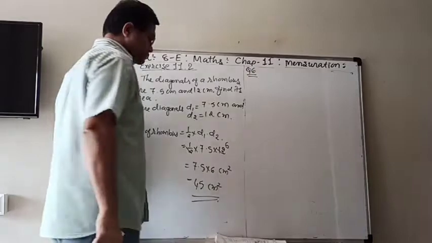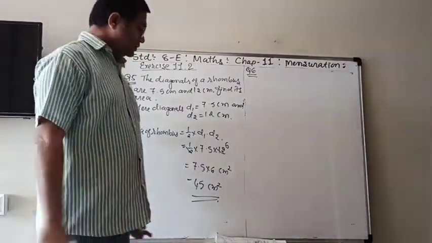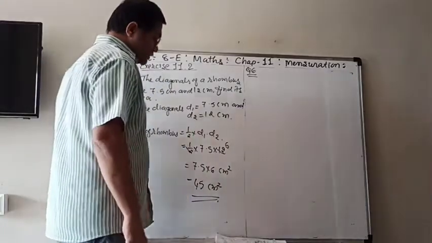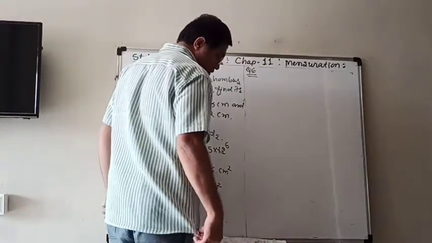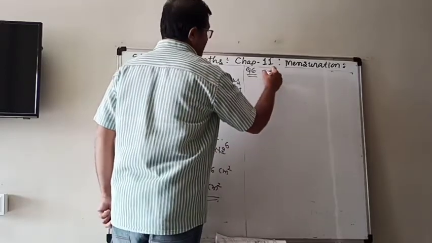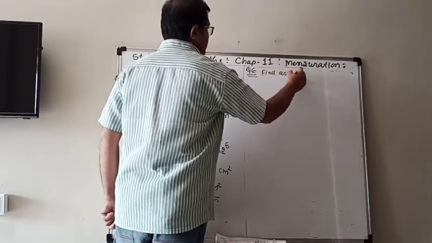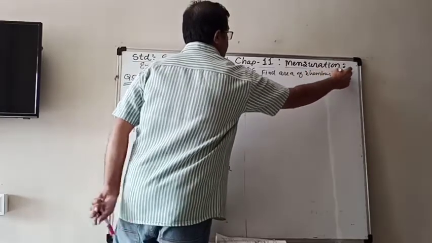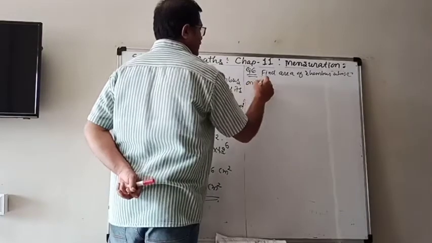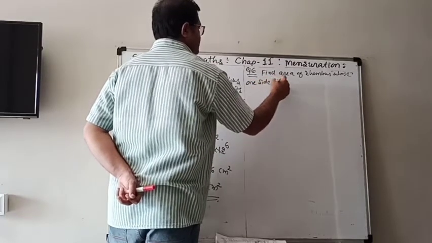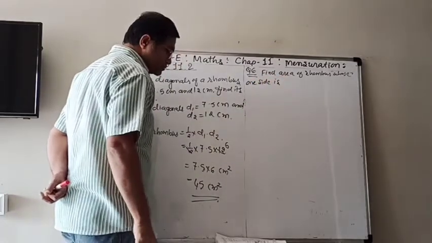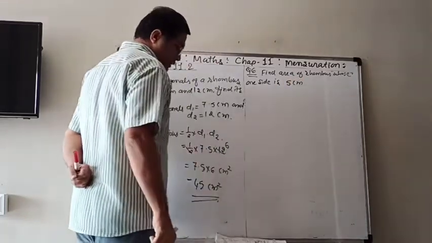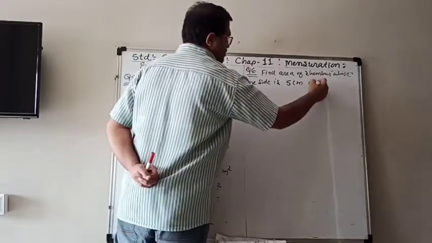Question number 6. Here the sum is given in a little different way. What is given? Find the area of a rhombus whose one side is 5 centimeter and altitude is 4.8 centimeter.